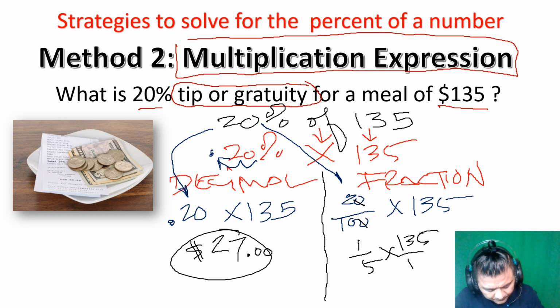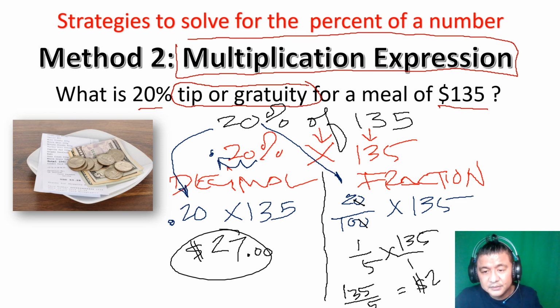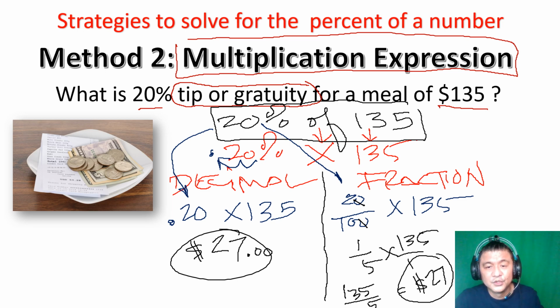It is like getting 135 divided by 5, and you will get, guess what? Same number, $27. Okay, I repeat, the strategy is write an expression, convert to either a decimal or a fraction, and then just multiply, you'll get the answer. Okay?